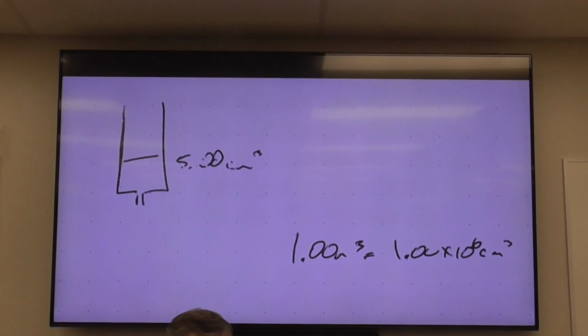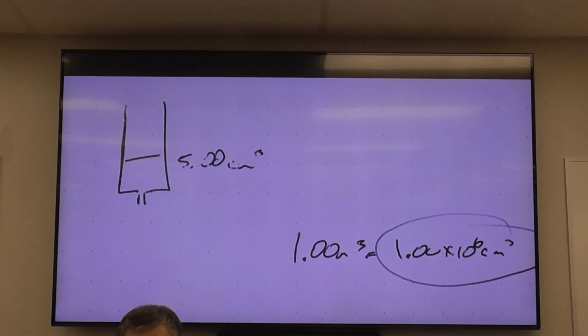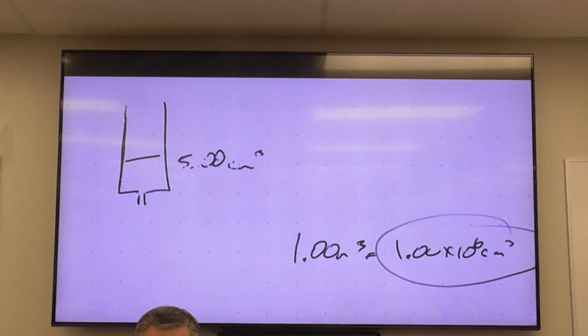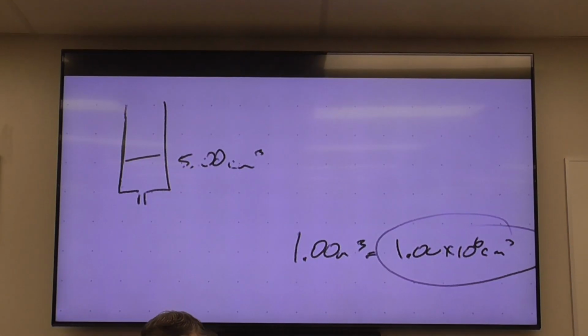If you cube 100 centimeters, you get this. So if you have 1 cubic meter, you're going to have a whole bunch of tiny little cubic centimeters within that. You need to convert the cubic centimeters into cubic meters, and the number of cubic meters is going to be a really, really small number.